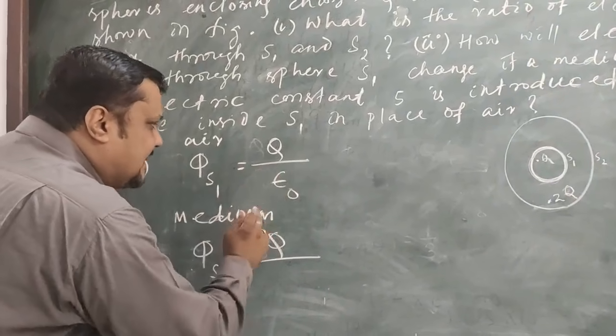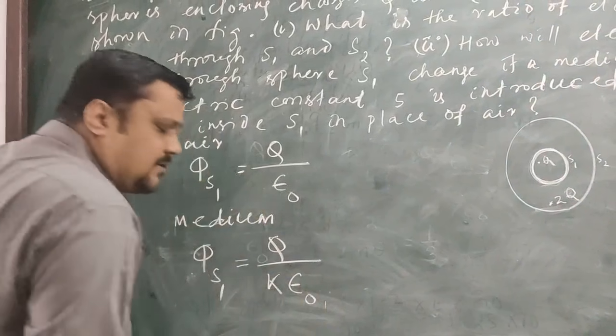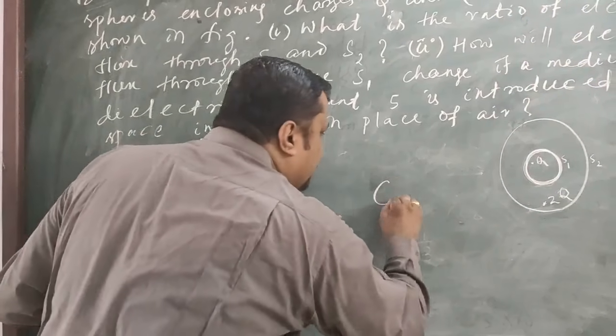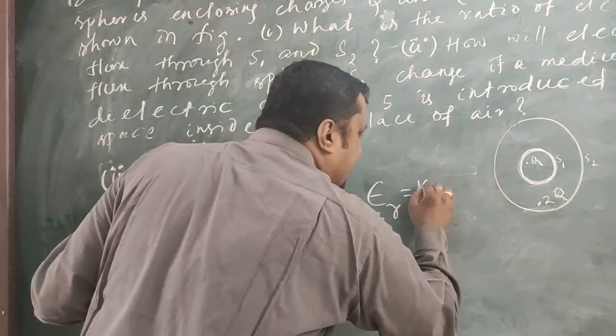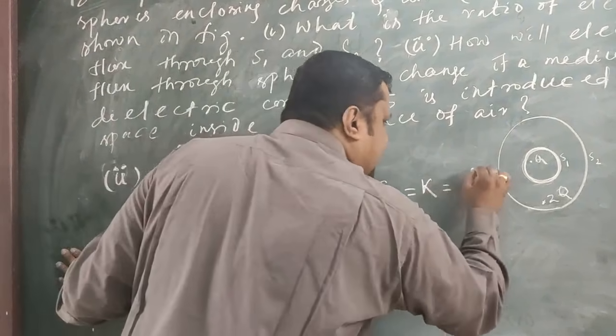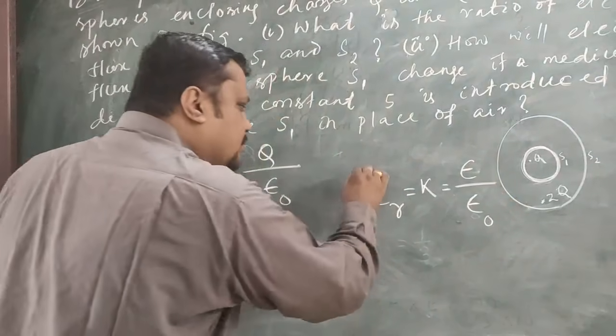If you write that epsilon in terms of the dielectric constant, it is equal to K epsilon naught. Already you know that epsilon r, the relative permittivity, is equal to the dielectric constant, which is equal to epsilon by epsilon naught. That is a formula.